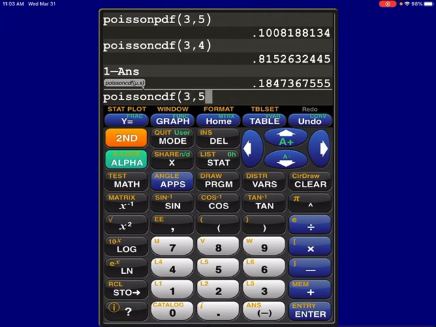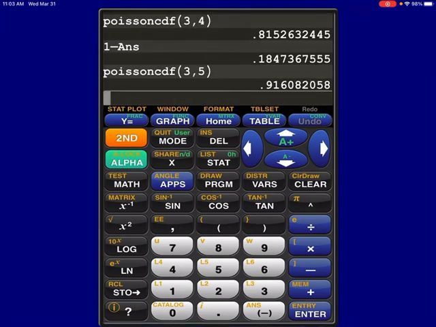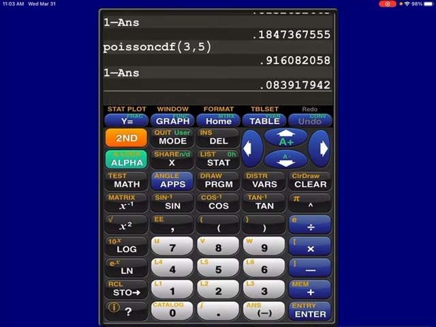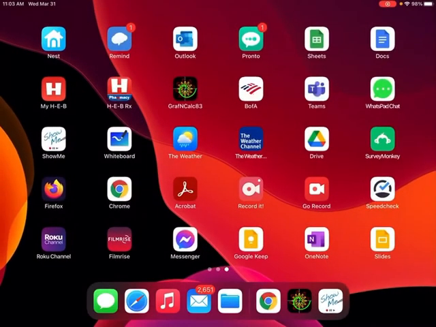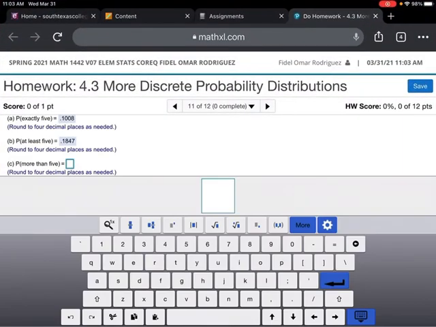And then I need to do 1 minus that answer. And I'm coming up with 0.0839. 0.0839 is my overall answer. And I'm going to plug that into my MATLAB right here, 0.0839. And I'm going to check it out.